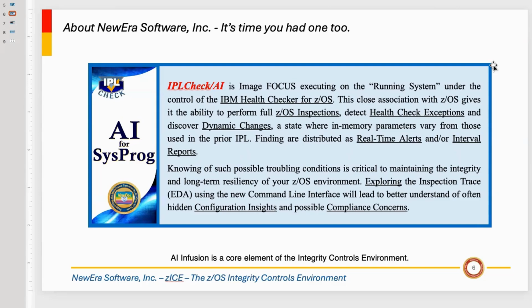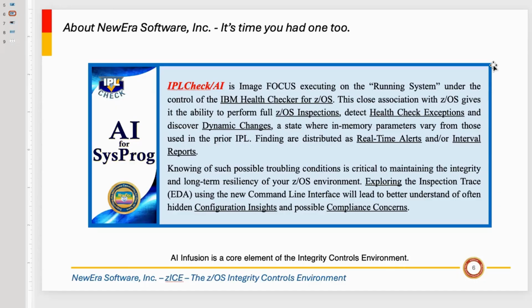That close association with the Health Checker not only allows it to identify potential problems in the configuration of your z/OS environment, specifically augmented in this case to determine whether or not there are any dynamic changes that may have taken place, that is, changes between the hardened configuration in ParmLib and that configuration that's actually being used by the system at any point in time.